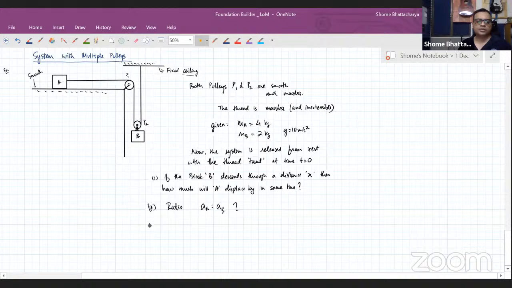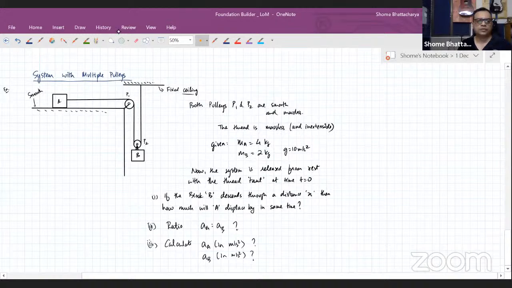And third is we have to actually calculate the values. Okay, so just take down the question first. We'll discuss in detail.